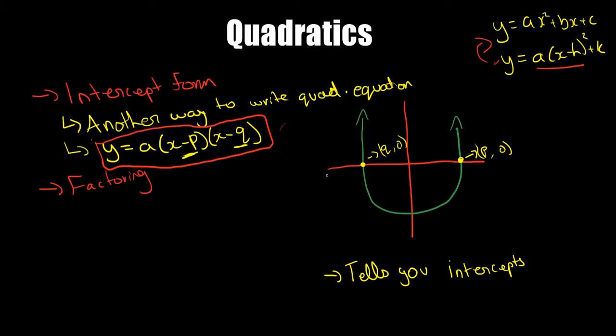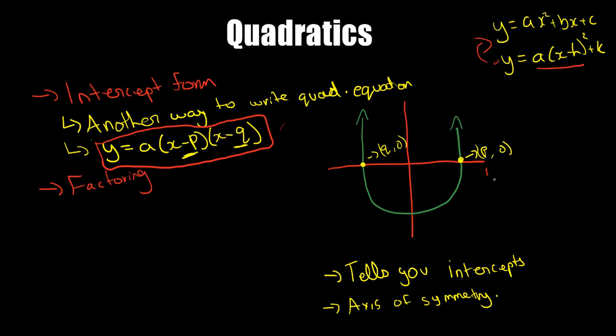Another thing this tells you is your axis of symmetry. You may ask how that tells you the axis of symmetry. Firstly, I want you to think about this: what do these x values represent? You've got no y value here, so your vertical component is out of this.